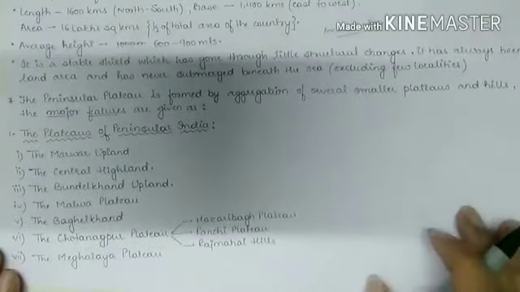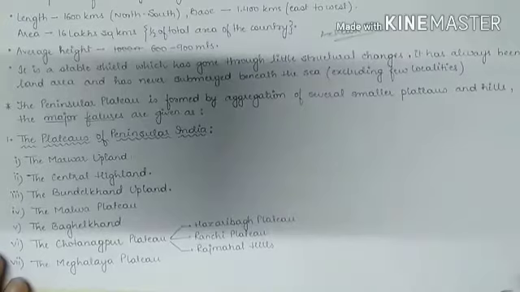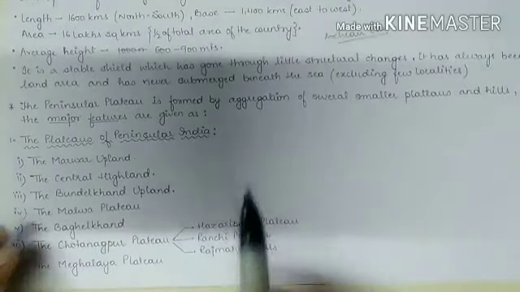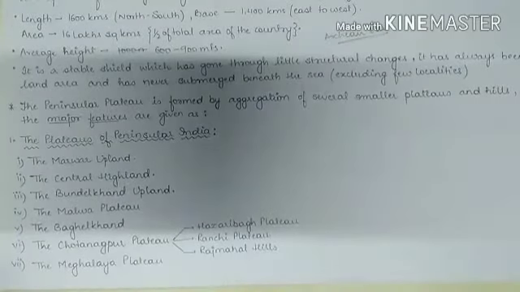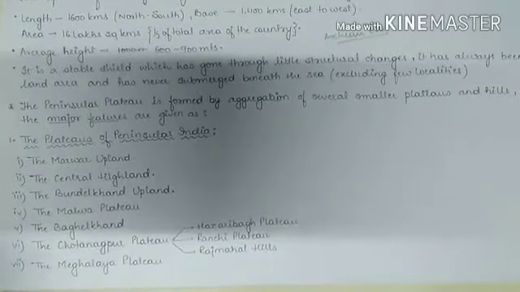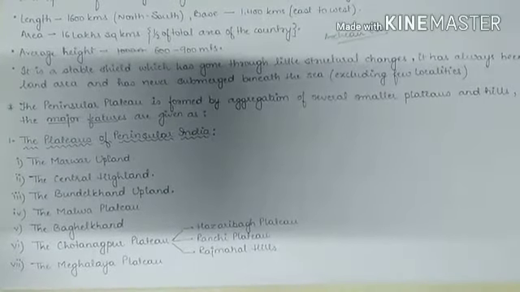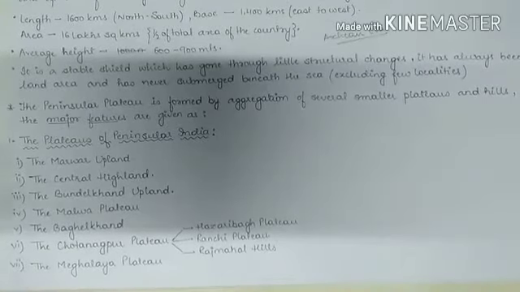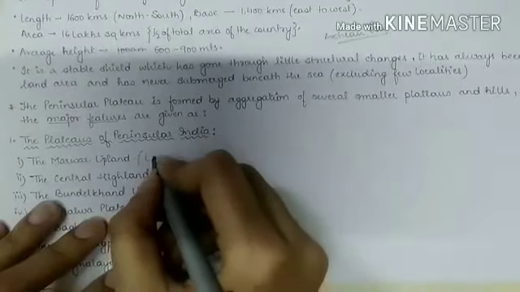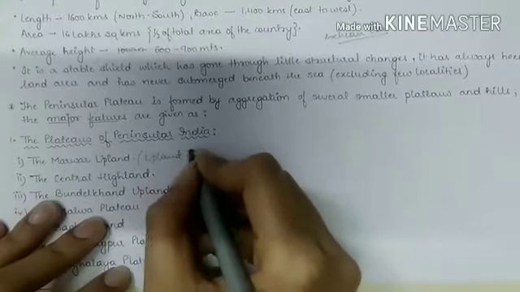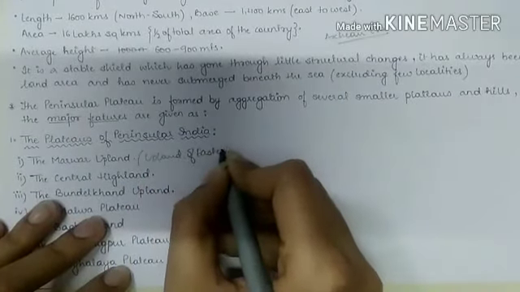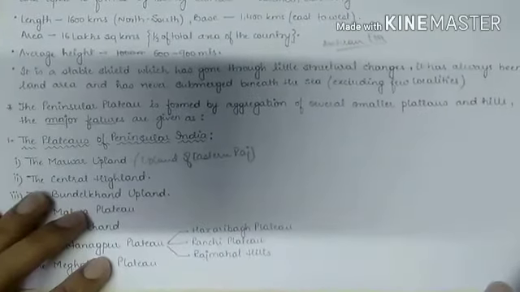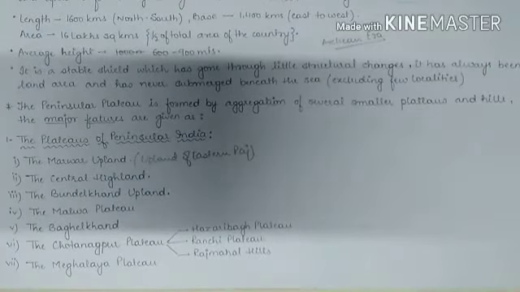So first we will look into the plateau or highland regions in peninsular India. The first plateau is the Marwar upland, also known as the upland of eastern Rajasthan, and it lies in the east of the Aravalli ranges.